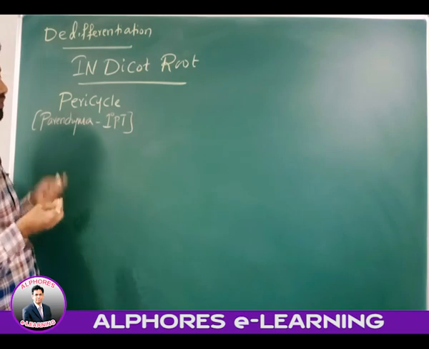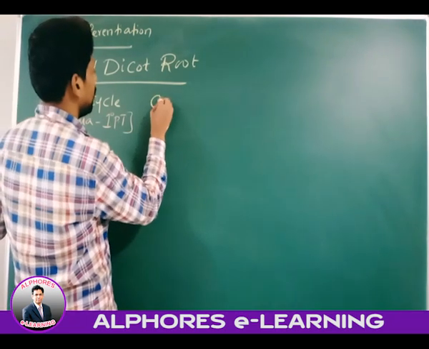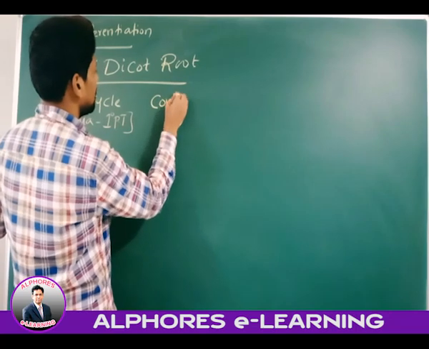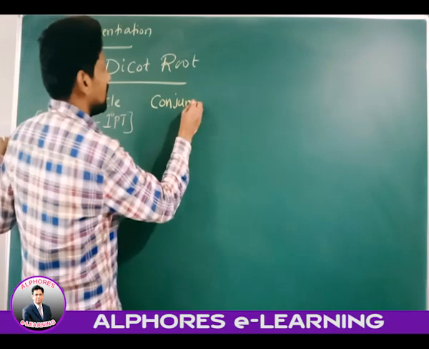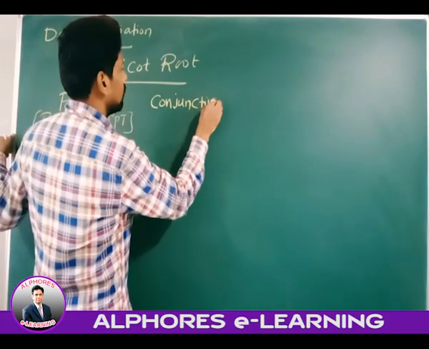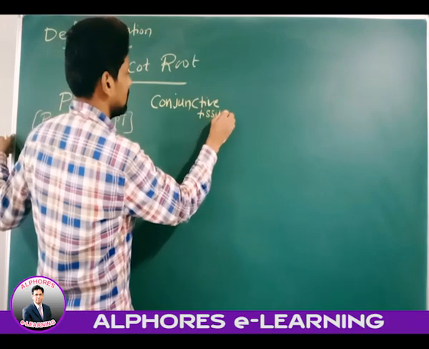In the dicot root, in between primary xylem and primary phloem, what is present? Conjunctive tissue is present. All these statements we read in first year.